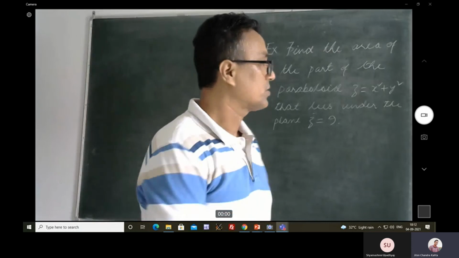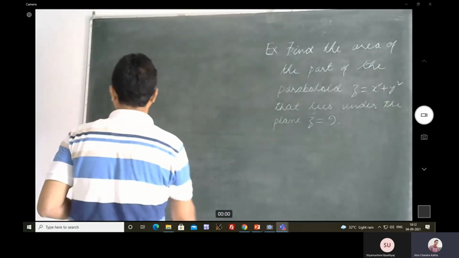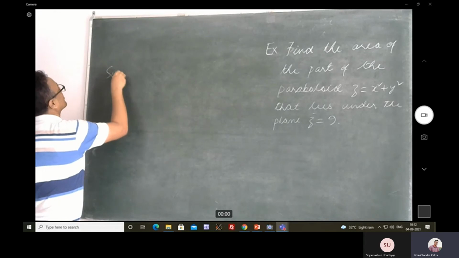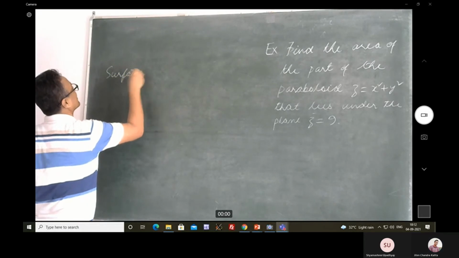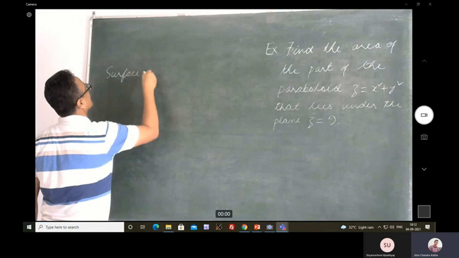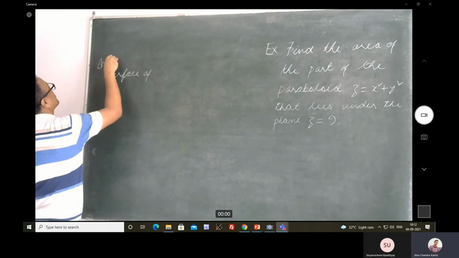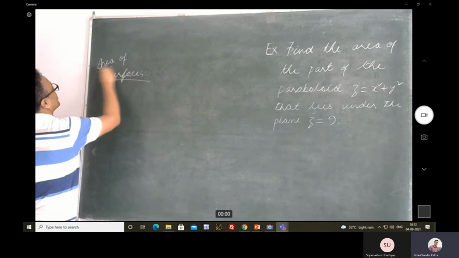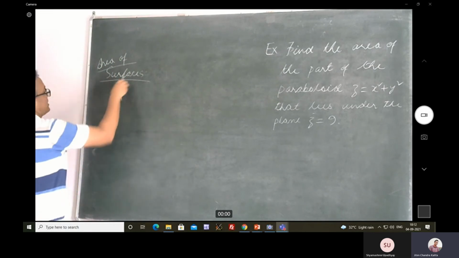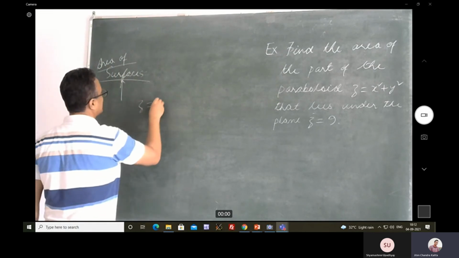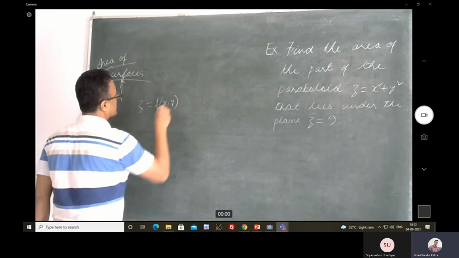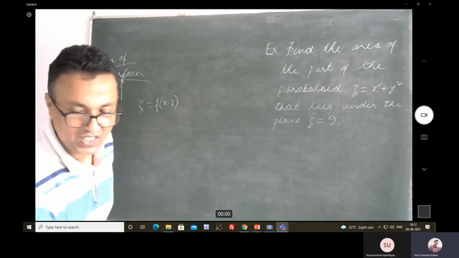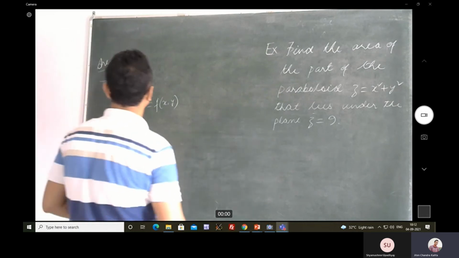Okay, so as you recall, in our last class, we were dealing with area of surfaces, where the surface is given by the graph of a function of two variables, like z equal to f of x, y. We just did one example.